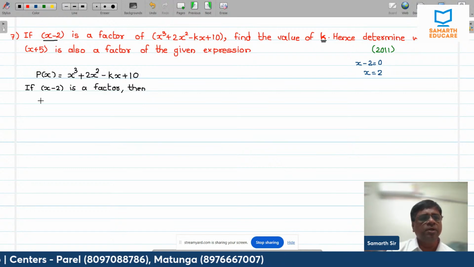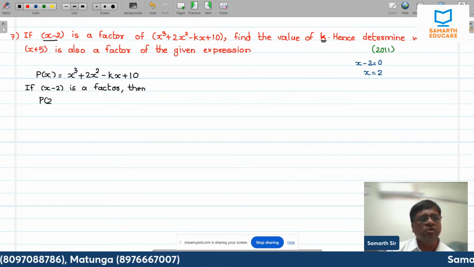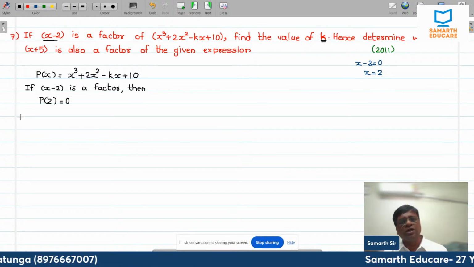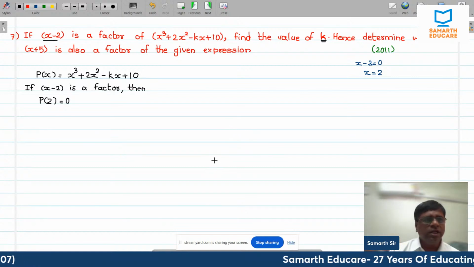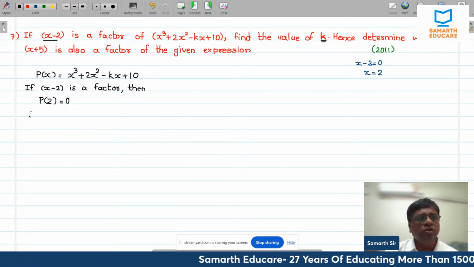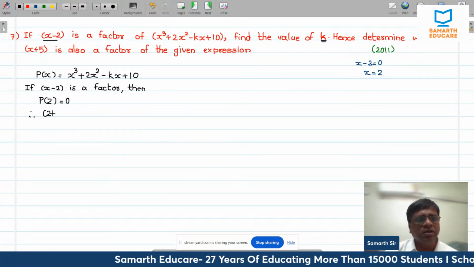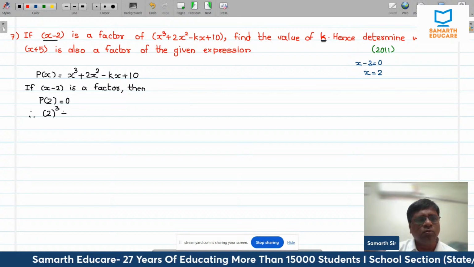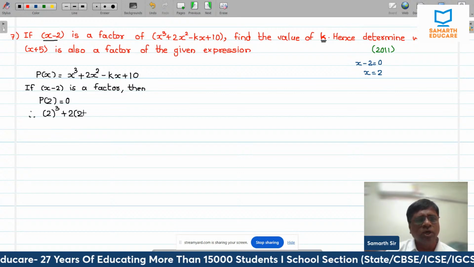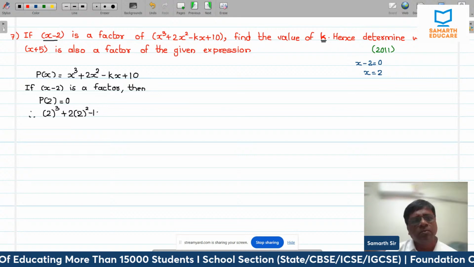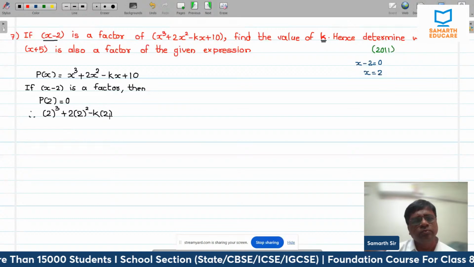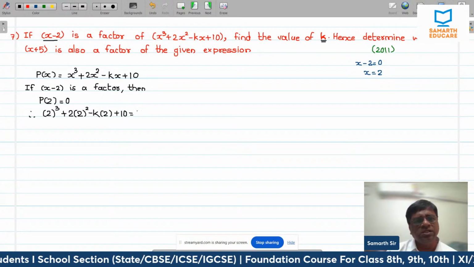That means what will happen? P of 2, because what value of x do we take, should be equal to 0 if it is a factor, right? In that case, how do we find P of 2? Wherever you see x in the polynomial, replace it by 2: 2 cube plus 2 into 2 square minus k into 2 plus 10 is equal to 0.